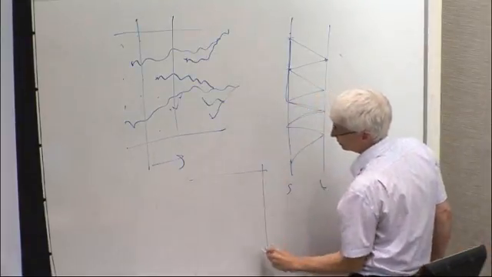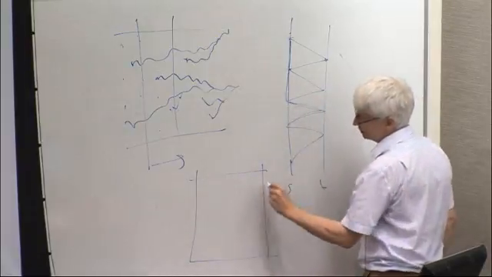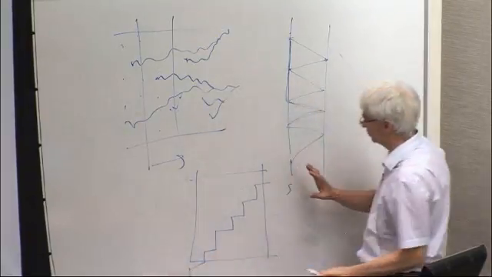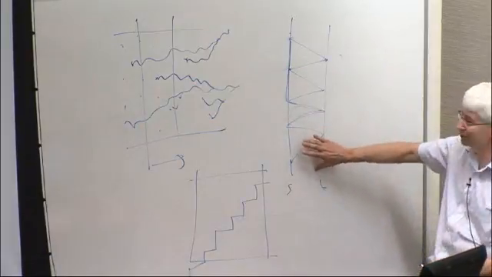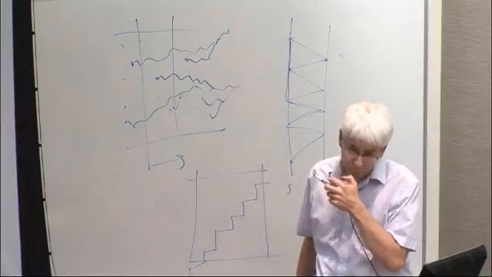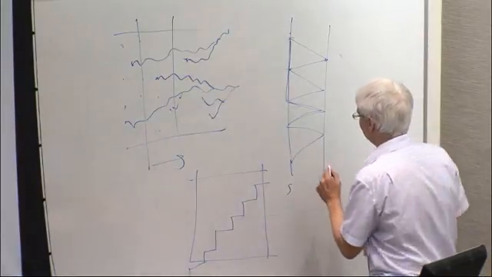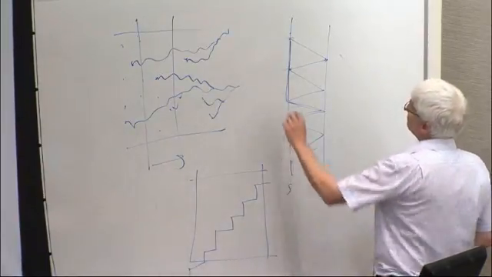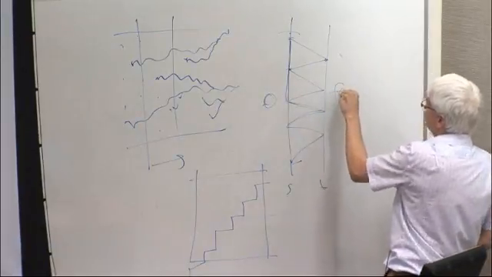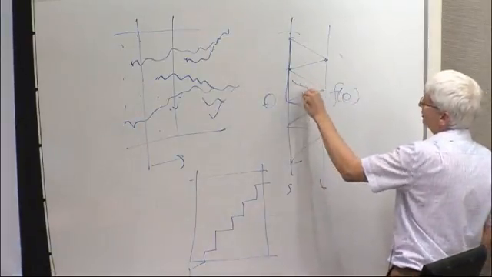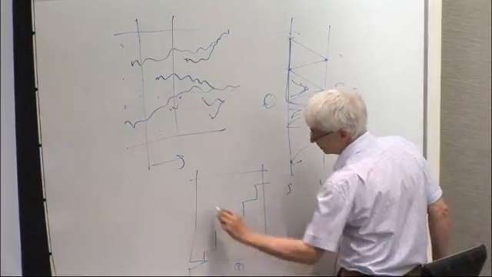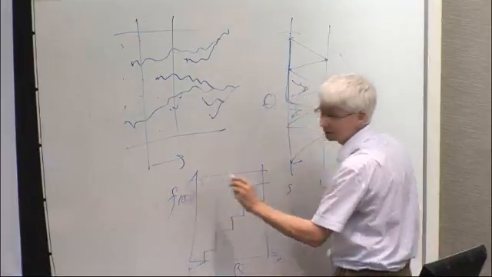If you draw a graph of the function, then it looks like a staircase, not all the same size. There's a theta here, and it gets mapped to f of theta over there, all of those going to that one. So this is theta, and that's f of theta, like that.